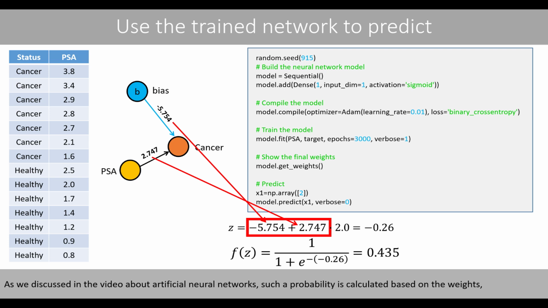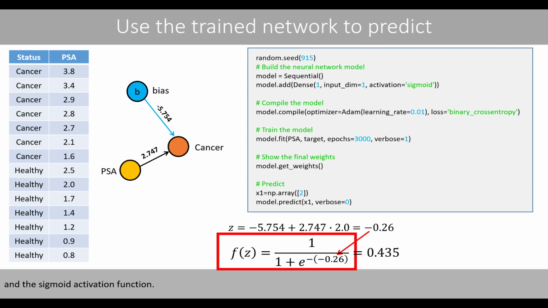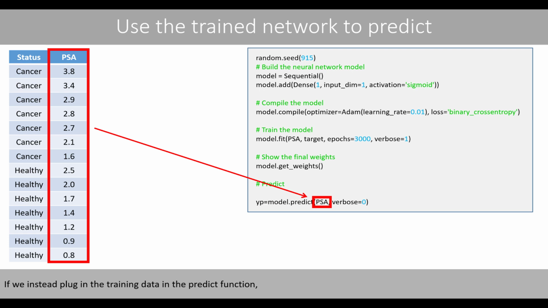As we discussed in the video about artificial neural networks, such a probability is calculated based on the weights, the input value, and the sigmoid activation function. The predicted probability that a person with a PSA value of 2 is therefore about 43.5%.